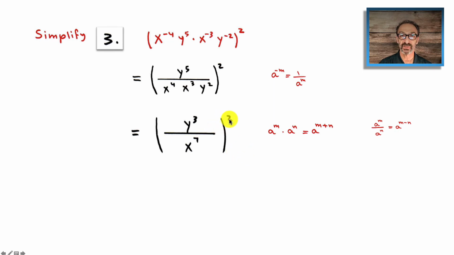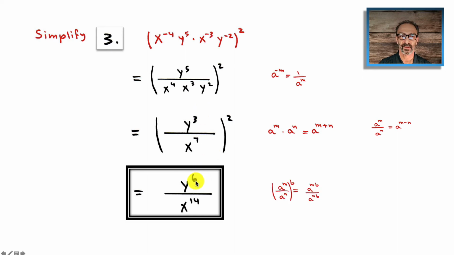Now let's apply this to the power of a quotient. 2 will be applied to the numerator and to the denominator. So it's going to be y to the third to the second, which is y to the 3 times 2, which is 6. As you can see right here, we're applying the power of a quotient. 2 times 7 becomes 14, and that should do it.